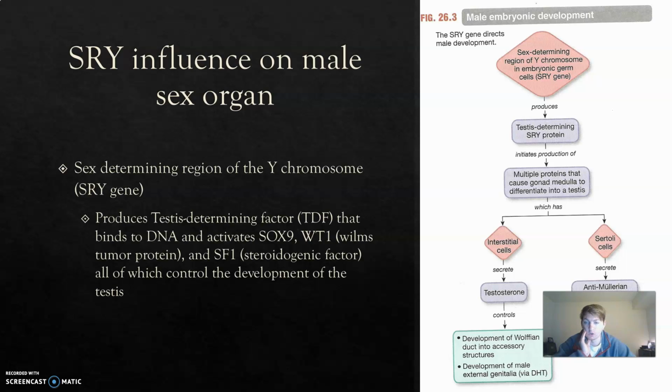All of these things control the development of the testes. So this gene, SRY gene, has packed in it the genetic material needed to influence other genetic material that will develop the testes. It'll develop that medullary region of the bipotential gonad. It'll develop that into the testes.